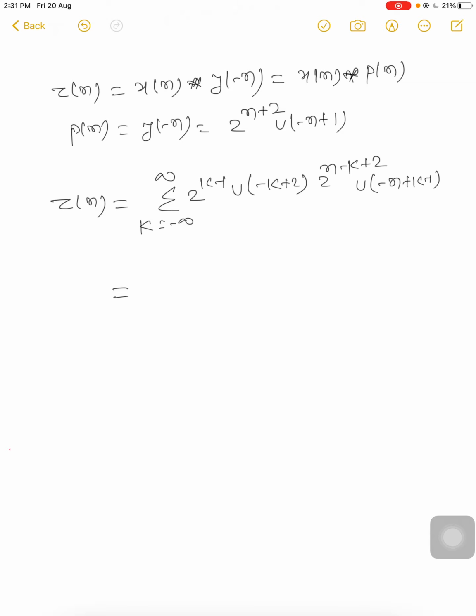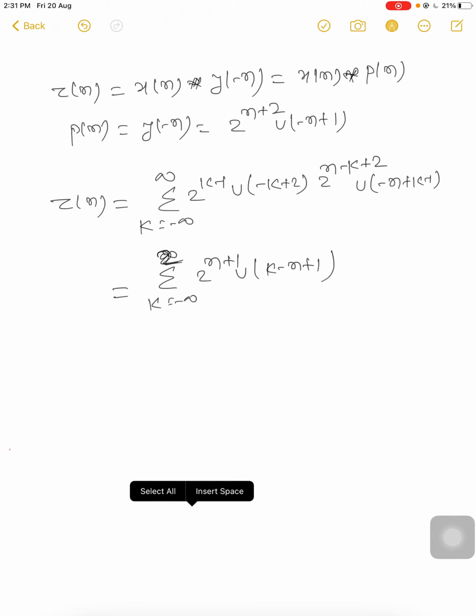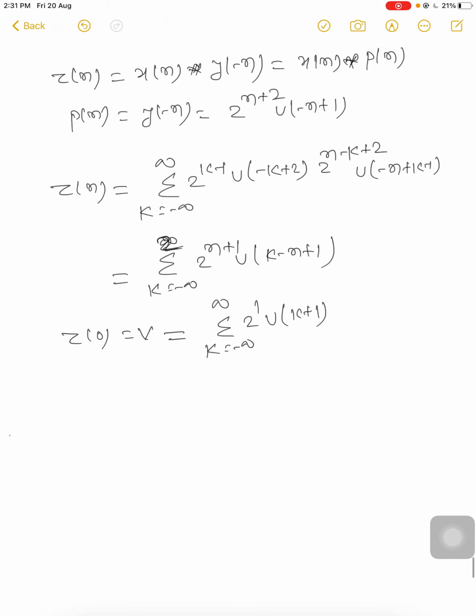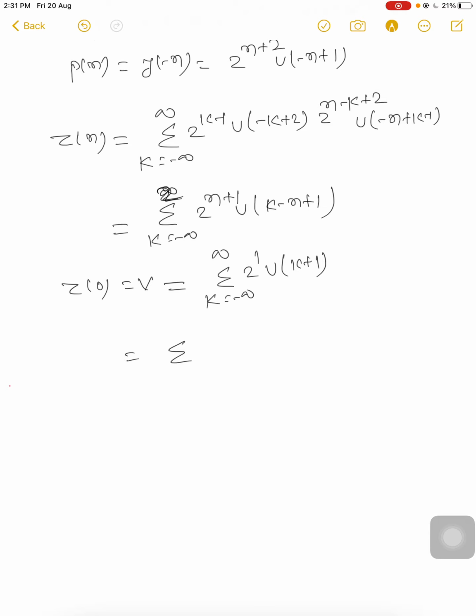Okay, so after simplification you will get the summation over k from minus infinity to 2 of 2^(n+1) u[k-n+1]. And z[0] is equal to v, and we will get the summation over k from minus infinity to infinity of 2^1 u[k+1].